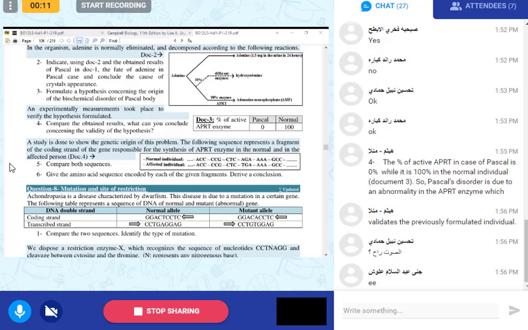So now we are comparing the allele from the normal person with an allele from an affected individual. Okay, let's compare now the normal individual with the affected individual. Okay, let's look at these two.